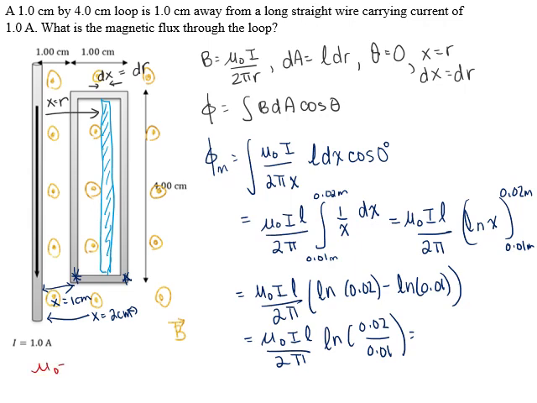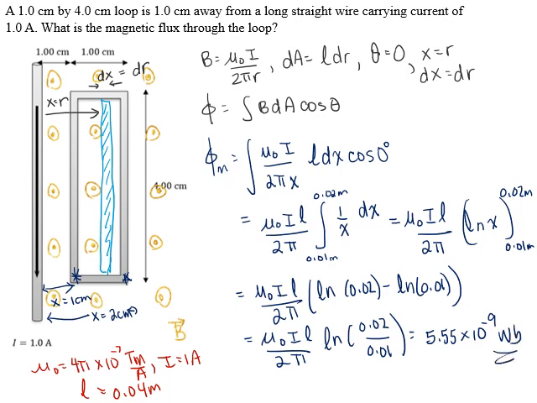Mu naught is equal to 4 pi times 10 to the minus 7 Tesla meters per amp. I is the current, that's given as 1 amp in the picture. L is the length of the loop, that's 4 centimeters, 0.04 meters, and then we have pi in our digits. Okay, put all that through the calculator, and what we get is 5.55 times 10 to the minus 9 Webers. That's the magnetic flux through that loop.